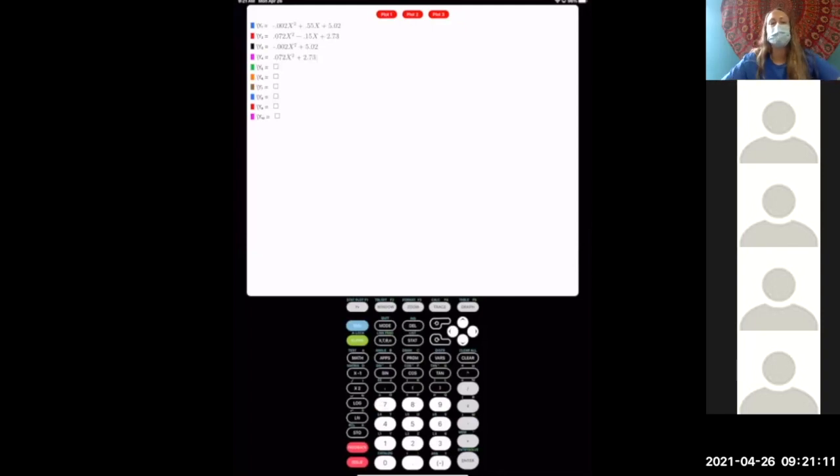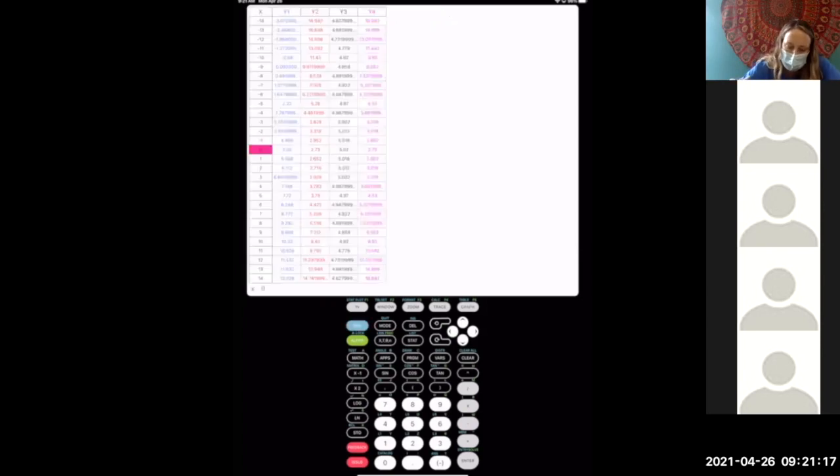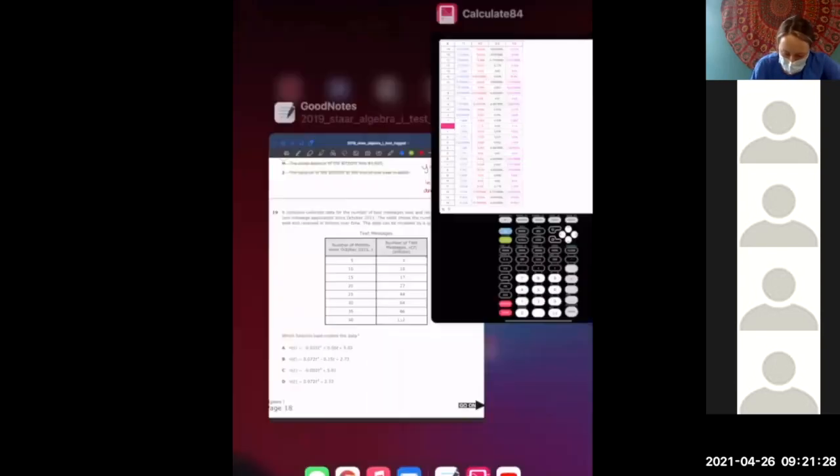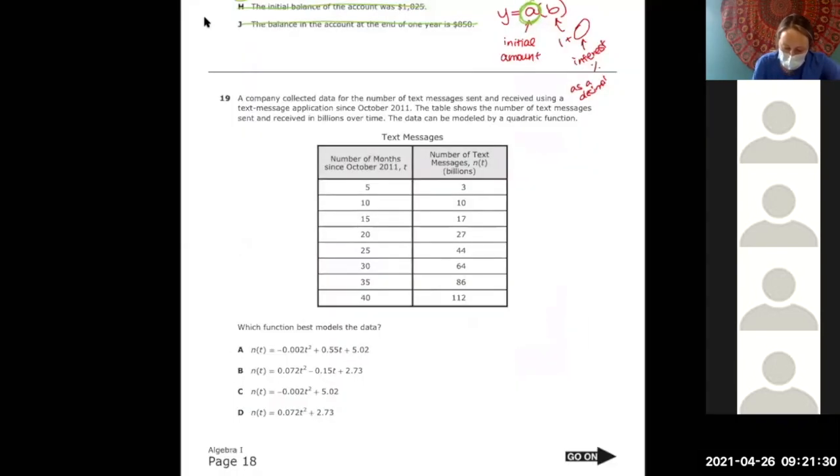Goodness gracious. Okay. So now what we are going to do, we're not going to hit graph. We're going to look at the table. And we're going to try to find the one that matches the table that is on the problem the best. So looking at the table on the problem, I'm going to look for the ones that have 5, 3, 10, 10, and 15, 17 first.